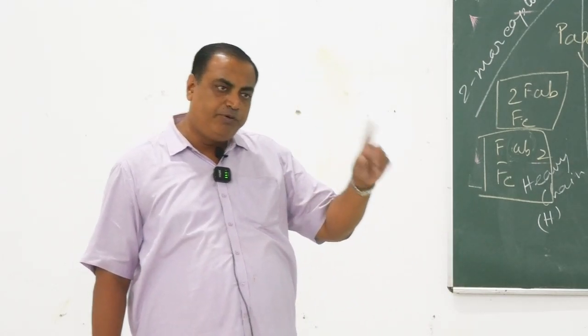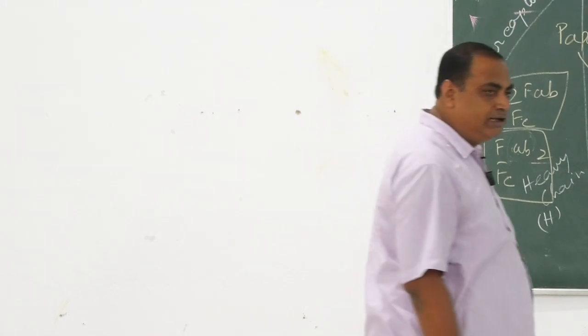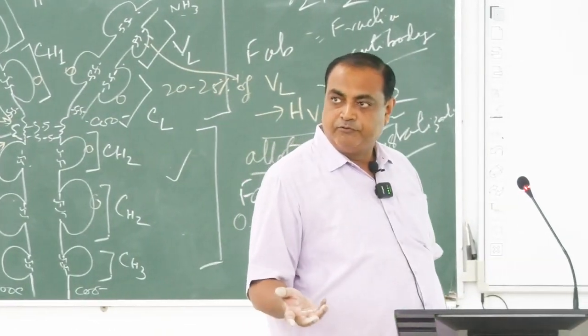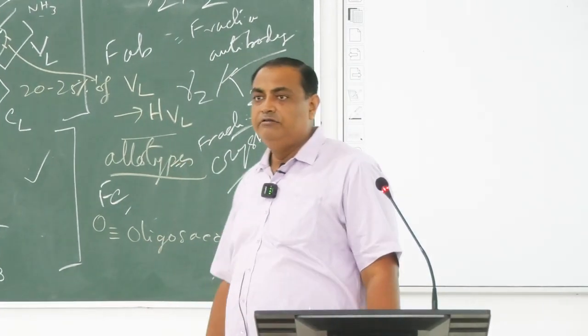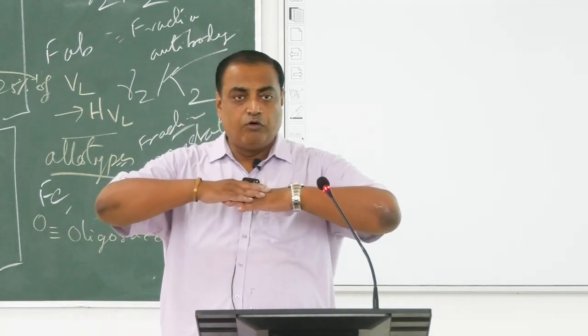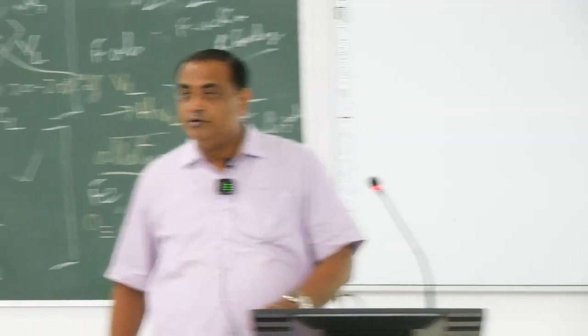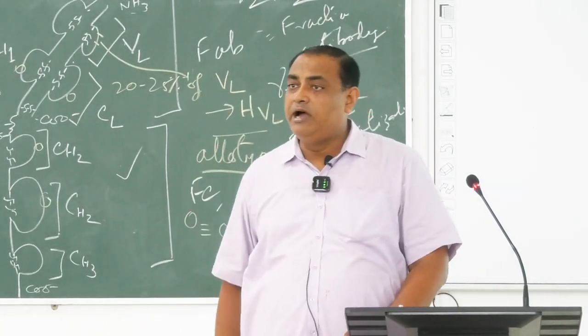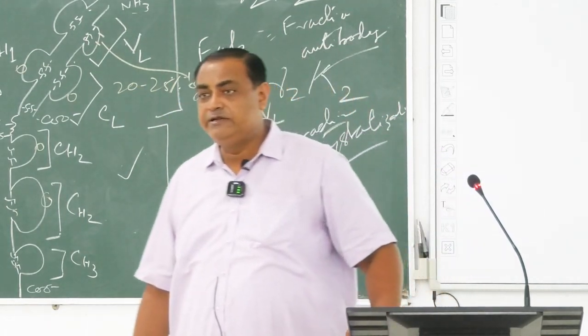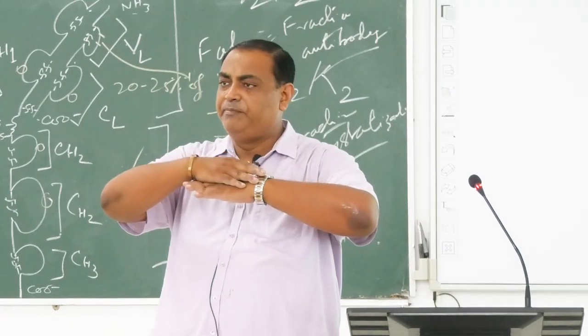So multi-epitopic antigens and multi-paratopic antibodies are possible. Why? Due to hypervariable regions which may sometimes overlap. So a single antibody might recognize two different epitopes because their sequences are overlapping.